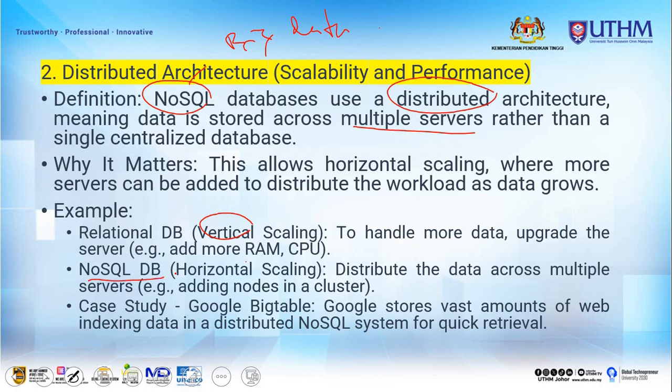NoSQL databases are more on horizontal scaling. Vertical scaling handles more data by upgrading the server; horizontal scaling distributes the data across multiple servers, adding nodes in the cluster. We just need to add nodes in the cluster when it comes to big data. That is an example.